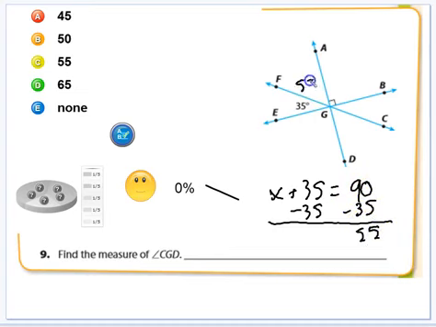So if this is 5 degrees, 55 degrees, and CGD is its vertical angle, this must also be 55. So let's check it, see if I'm right. Oh my God. Yeah. Woo, I did it. I did it. All right, moving on.